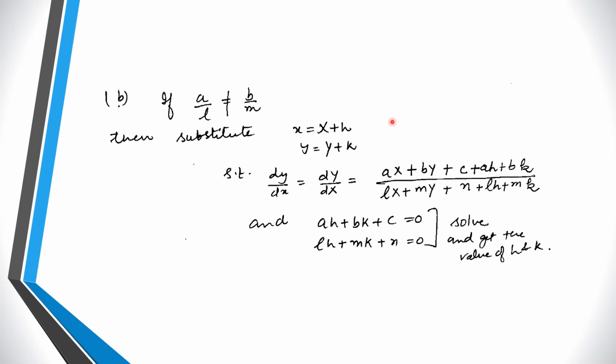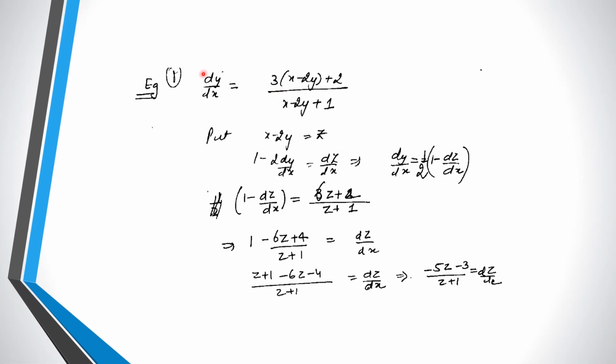We can put capital Y to be some z times X and convert it into variable separable. So once again, if this ratio is not the same, we substitute small x to be capital X plus h and small y to be capital Y plus k, in such a way that the constant factors are 0, and our equation is reducible to homogeneity in degree.